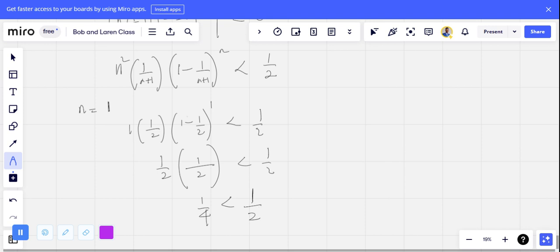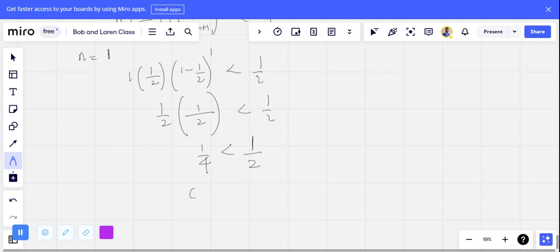1 over 4 in decimal is 0.25. And in this case, 1 over 2 is 0.5.